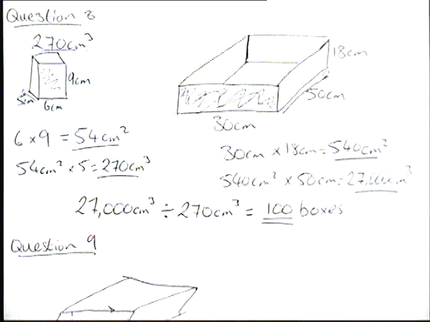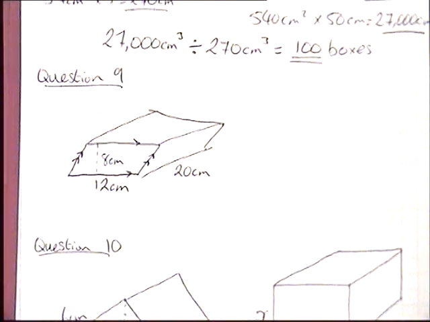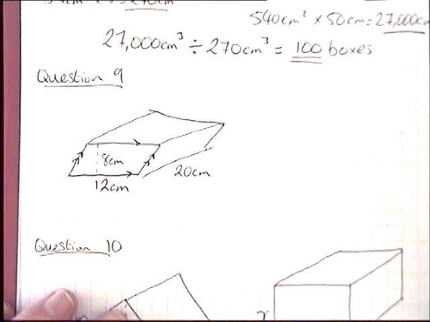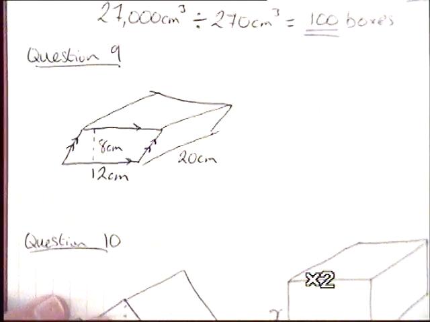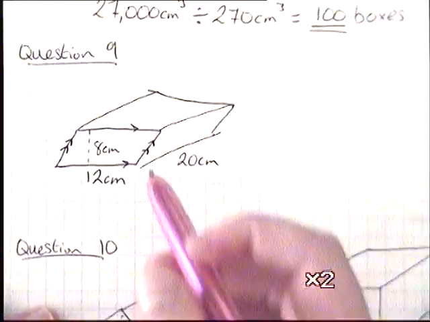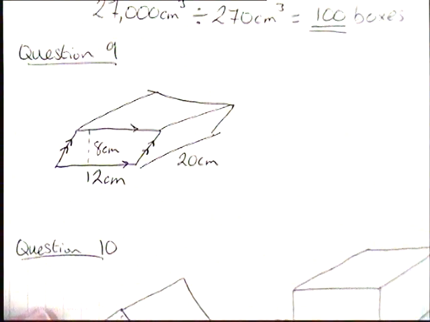Now for question 9. We need to work out the volume of our prism here. We've got a cross section which is a parallelogram, which we know is the same as working out the area of a rectangle.